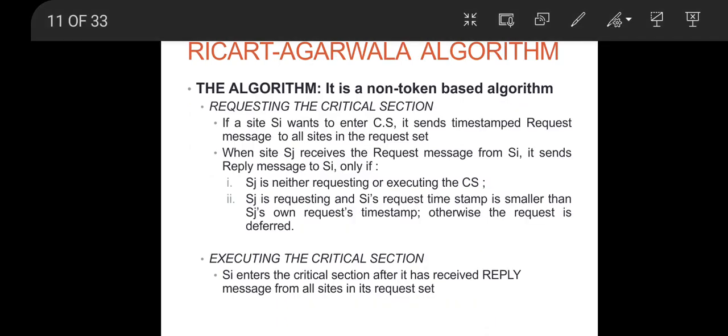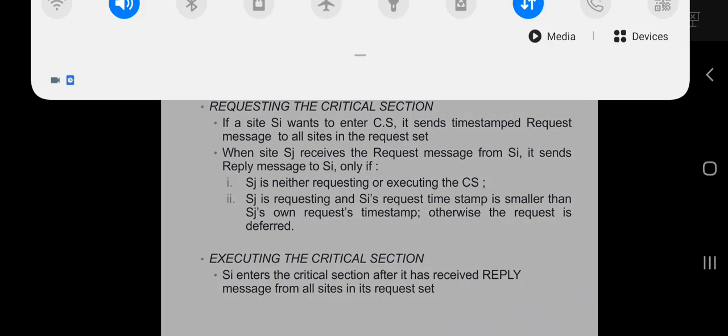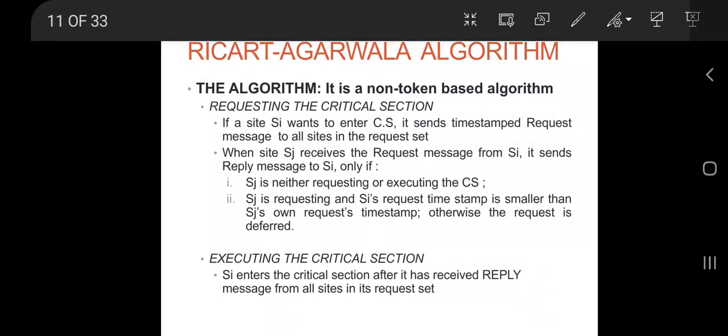Now the next algorithm is the Ricart-Agrawala algorithm, which is again a non-token based algorithm. What was the limitation of the Lamport algorithm? The Lamport algorithm is a very powerful algorithm in the mutual exclusion field, but there is a performance drawback, and that is the number of messages per CS invocation.